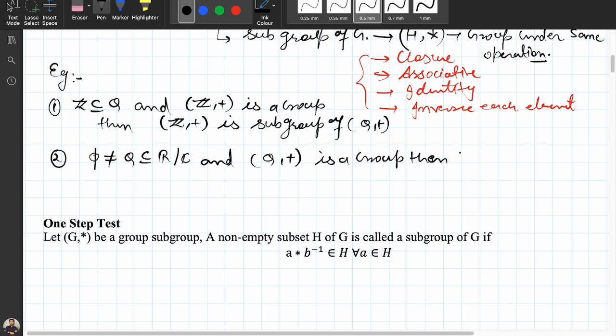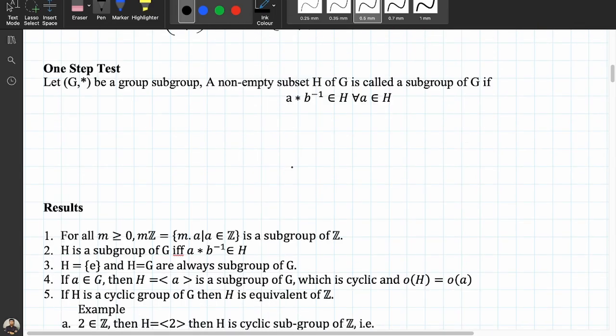Then Q plus is a subgroup of R plus and C plus, where Q is a subset of R and Q is a subset of C, and C means the group of complex numbers. So these are some examples.